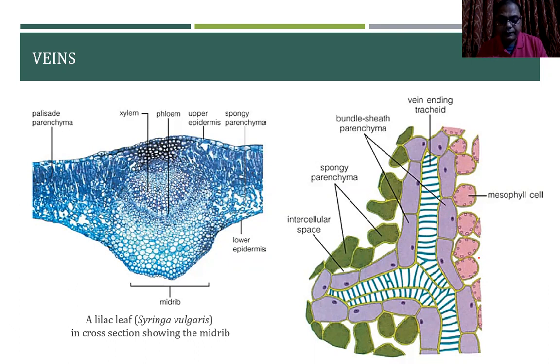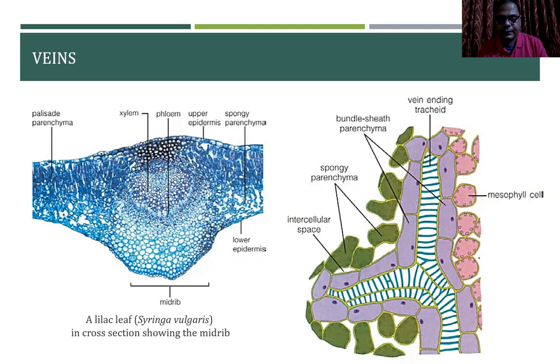The diagrammatic view shows that the very tip of the veins is quite simple, with only one or two tracheary elements surrounding the bundle sheath. Sometimes a single layer of cells, called the bundle sheath, surrounds the vascular bundles.